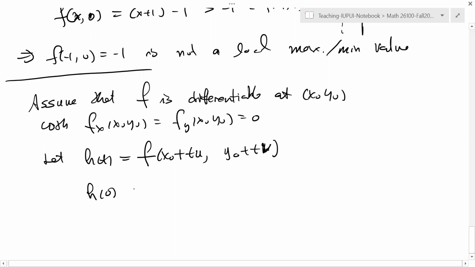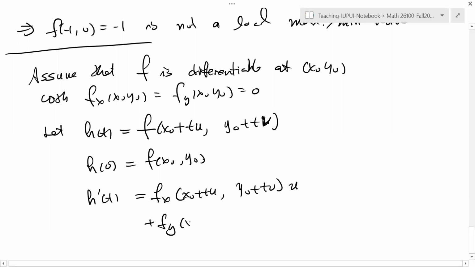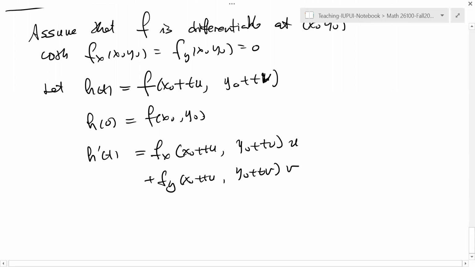When t equals 0, this is just the value of the function, no problem. Then I differentiate once, partial derivative, and that's fx times u, plus fy times v. That's the first order.